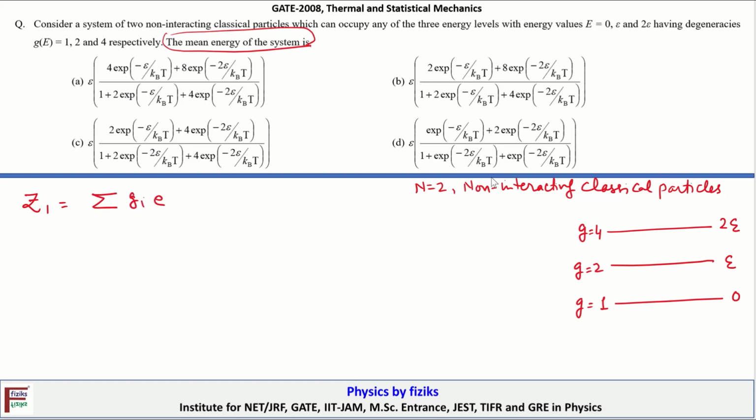sum of Gi exponential minus beta Ei, where i runs over 1, 2, 3 because we have only three levels.